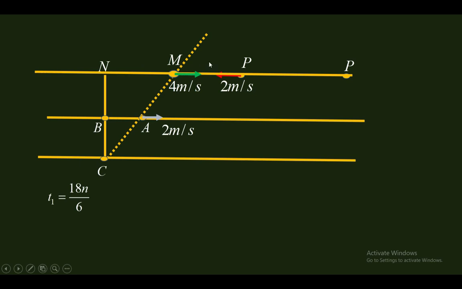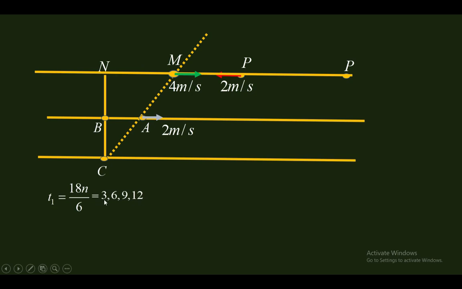So the poles are at a separation of 18n from M, where n is 1, 2, 3, 4 and so on. And the separation between M and the pole P is decreasing at the rate of 6 meters per second. So the time when P and M meet is 18n divided by 6. If you put n equal to 1, 2, 3 and 4, these are the times we get.